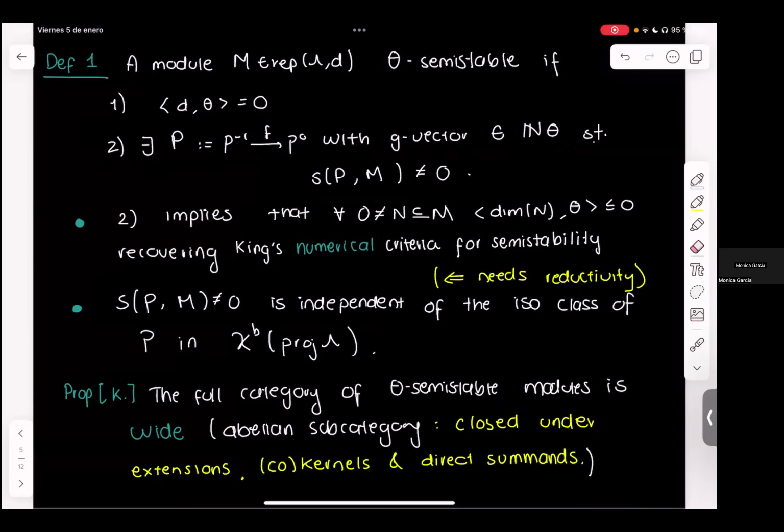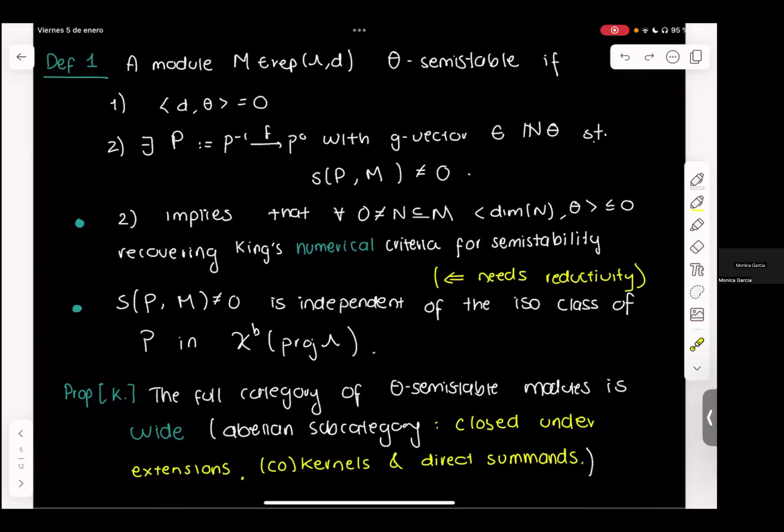No, but it actually is the same. So the second property actually implies that for any submodule of M, the pairing between the dimension vector of the submodule and your parameter will always be less or equal to 0, which recovers King's numerical criterion for semi-stability.